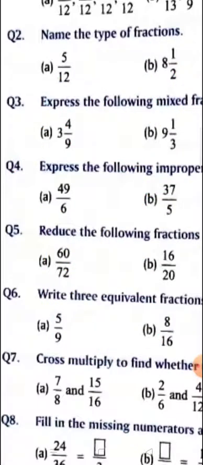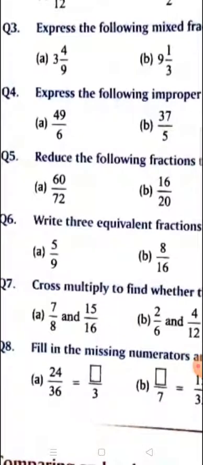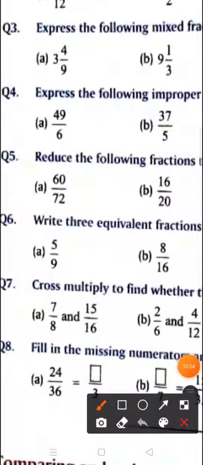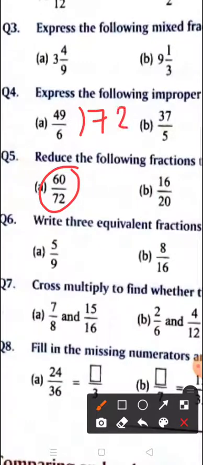Question 5. Reduce the following fractions to their lowest form. I have already told you how to reduce to the lowest form. First of all, we have to find the HCF. Use the division method. 72 divided by 60: one time it goes.